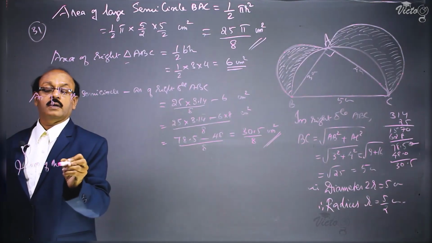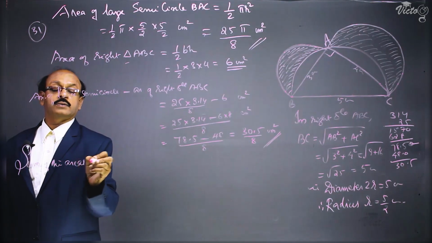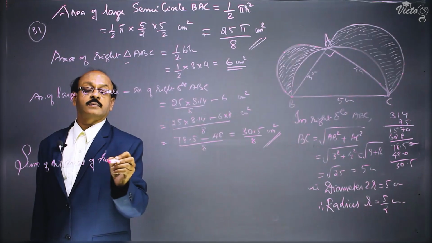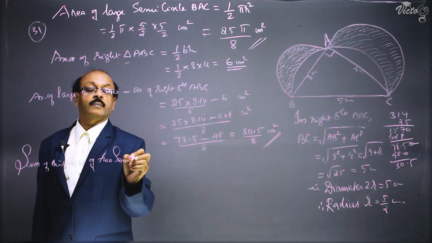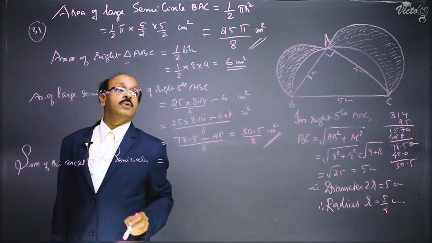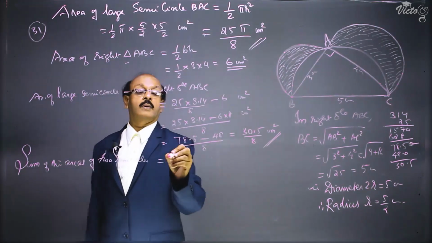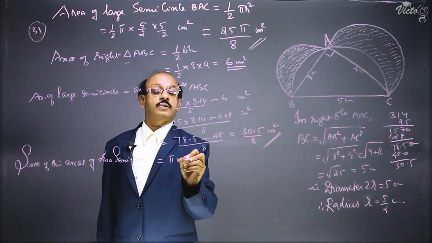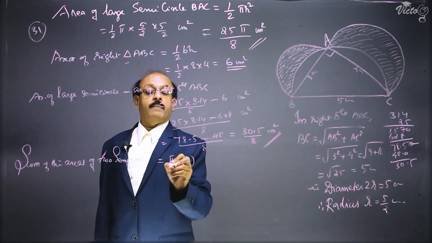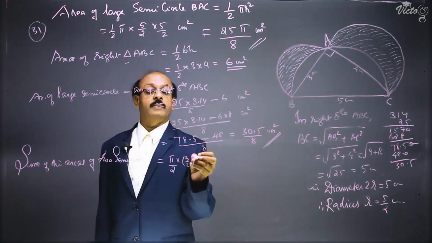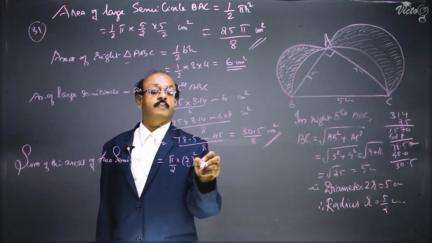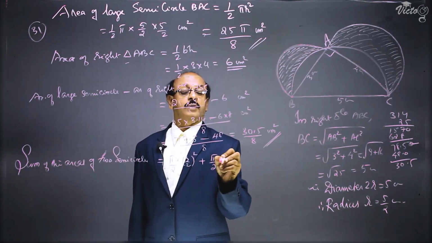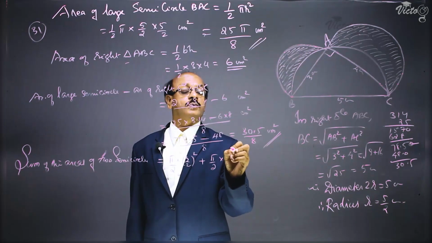Now we have to find the sum of the areas of the two semicircles, which is equal to pi by 2 into 3 by 2 the whole square, plus pi by 2 into 4 by 2 the whole square, which is 2 square.